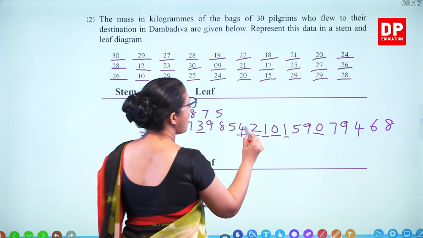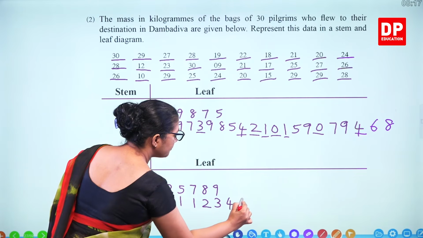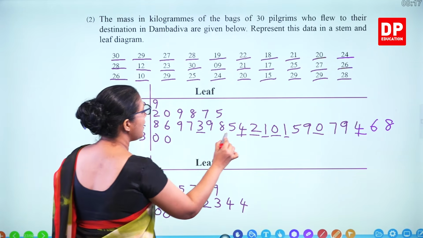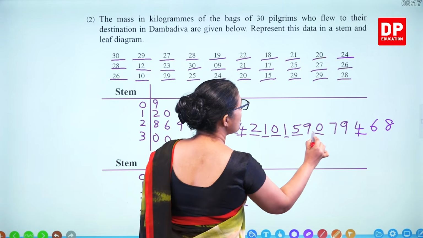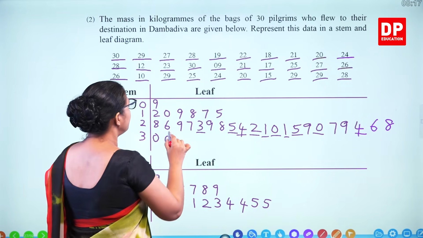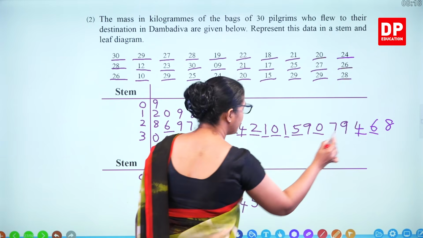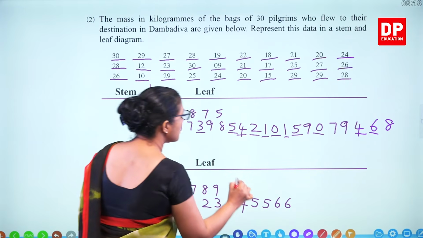How many 4s? 1, 2. How many 5s? 1, 2. 2 6s.